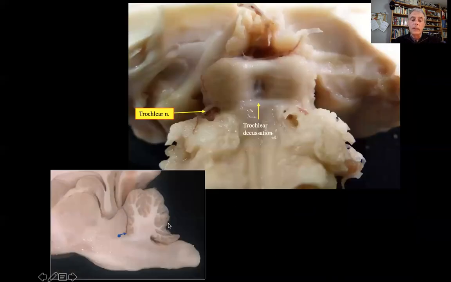The trochlear nerve is a special nerve because the neurons are leaving from the mesencephalon, but from the caudal portion of the mesencephalon at the level of the colliculus caudalis, caudal colliculus. The fibers go caudally, they leave at the base of the colliculus, and then they cross, they decussate, and there is a membrane here.